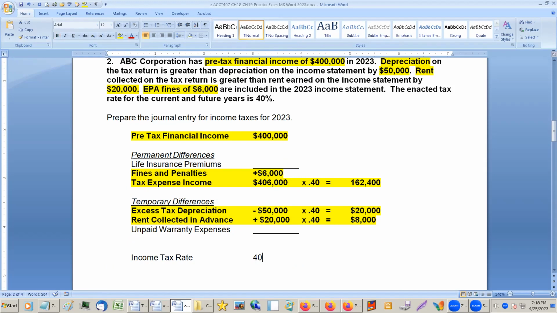Actually, it's 40%. Okay, so this will be our taxes payable income. 406,000 minus 50,000 plus 20,000, whatever that is. No, 376,000.